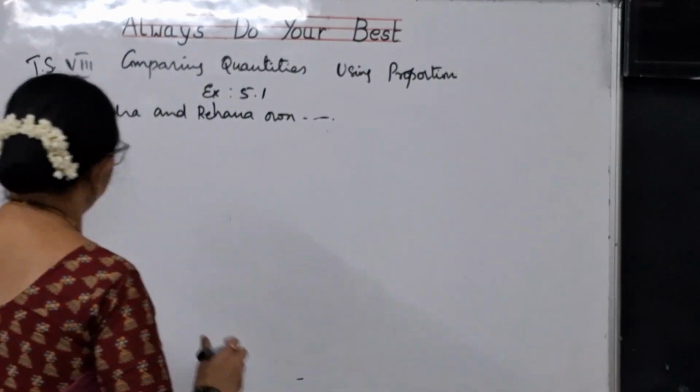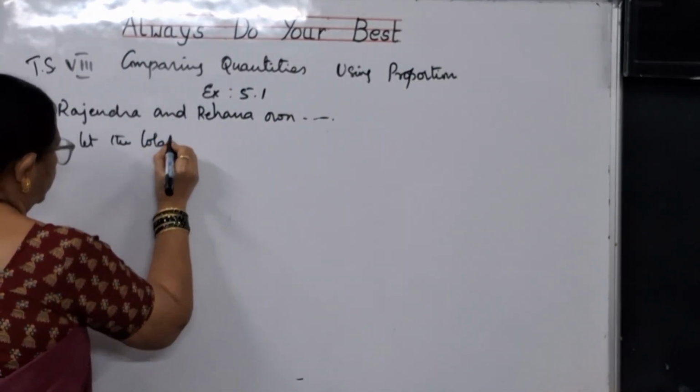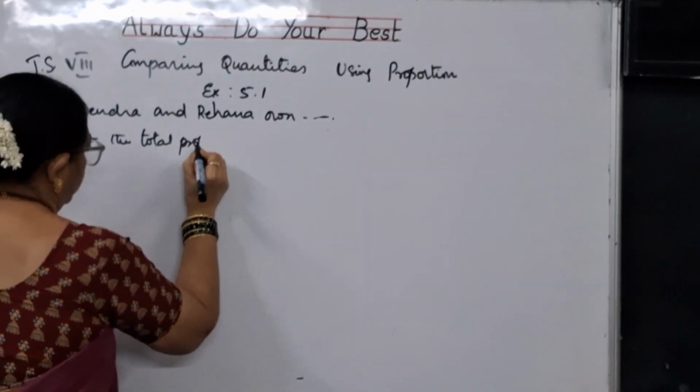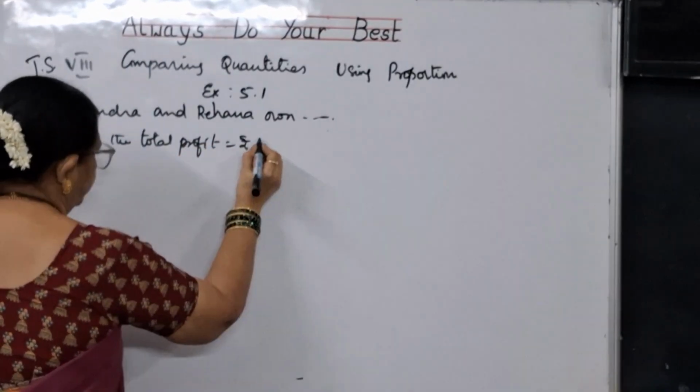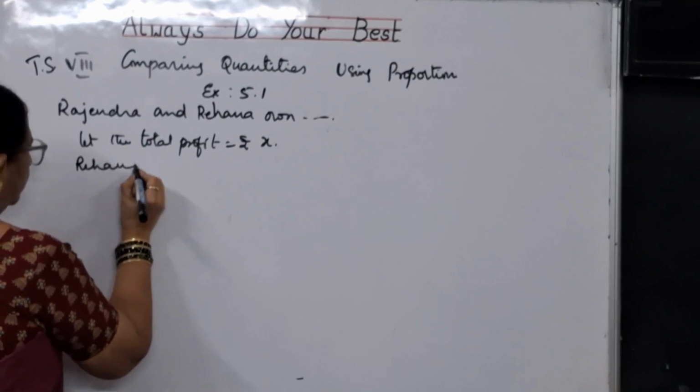So you want total profit. So let the total profit be equal to rupees X. So how much does Rehana receive?